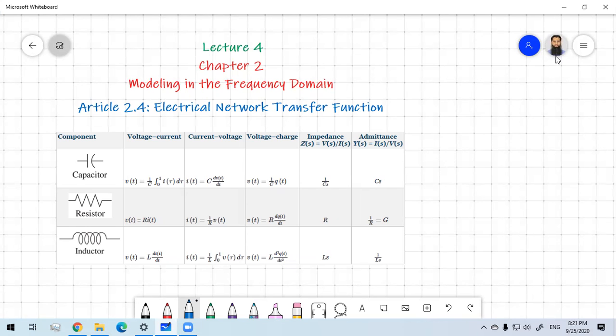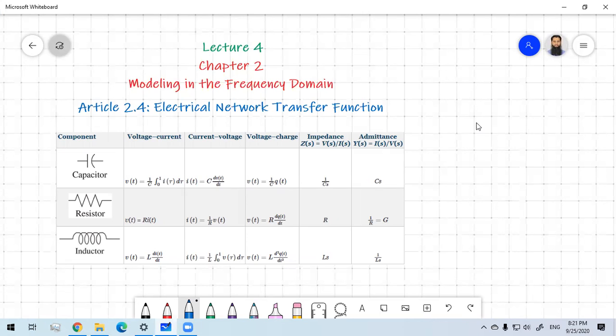To obtain the transfer function of the electrical network, we have 3 basic passive components: capacitor, resistor, and inductor. Their corresponding voltage-current relationship, current-voltage relationship, as well as voltage-charge relationship, are all summarized in this table.